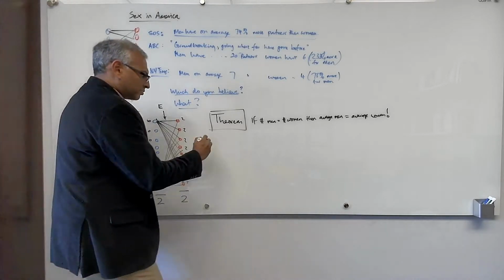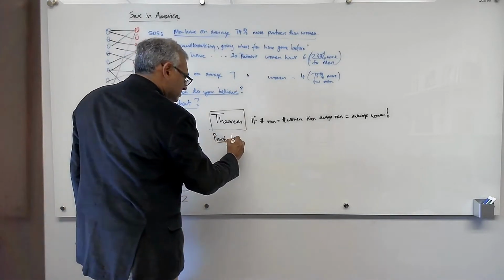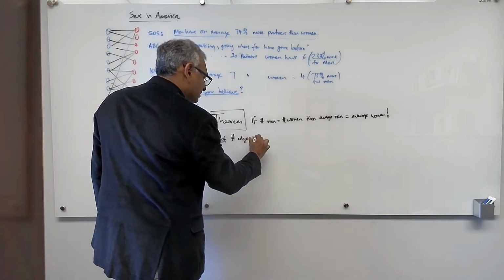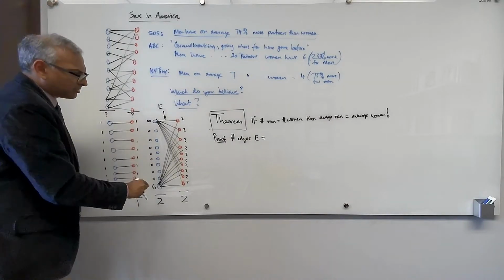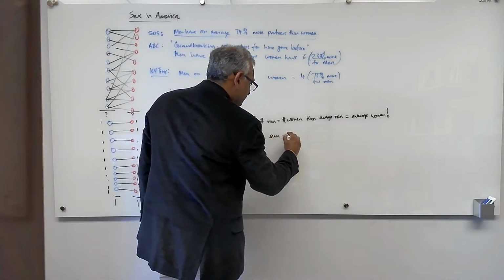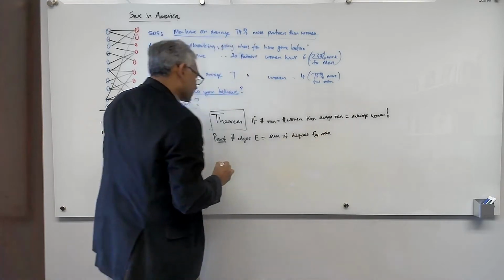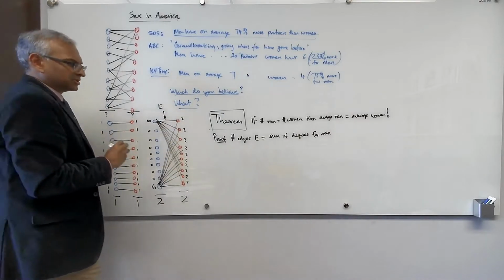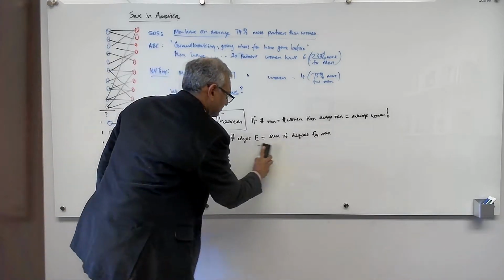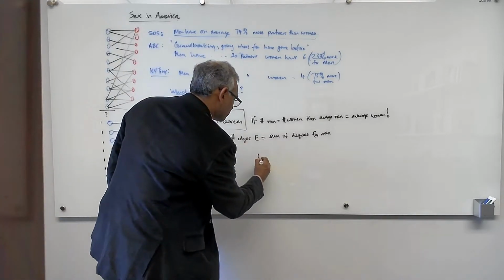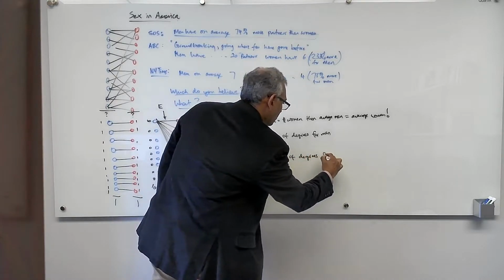Okay, so proof. The number of edges, E, is exactly equal to the sum of the number of partners, the sum of the degrees, for men. But it's also equal to the sum of the degrees for women. So E equals the sum of degrees for women.